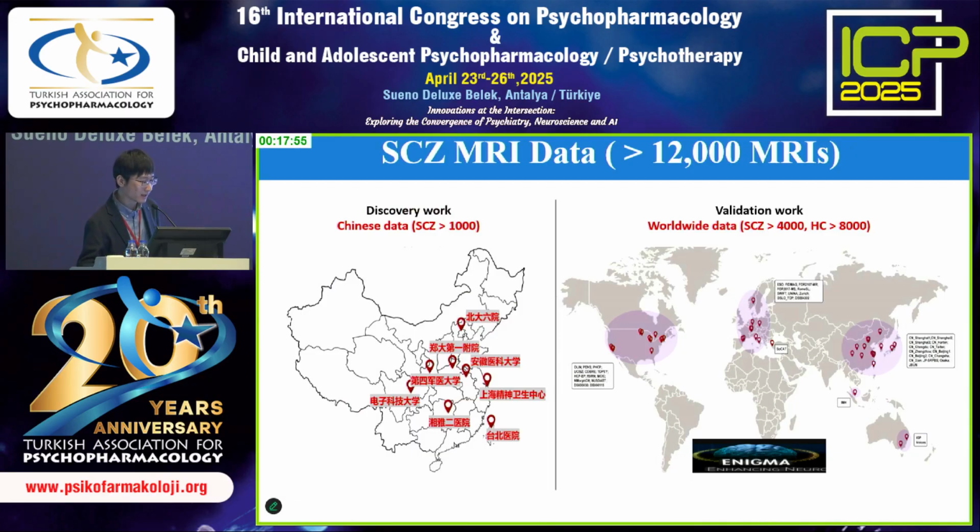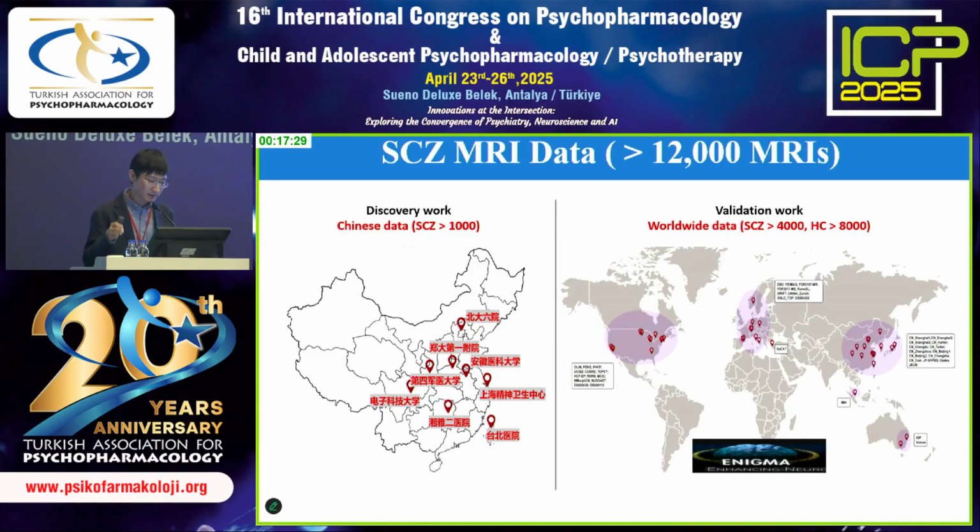Here is the data in our work. We have a lot of brain imaging data with a very large sample size, more than 12,000 individuals. In our first discovery work, we collaborated with more than 10 hospitals in China. This data includes more than 1,000 patients with schizophrenia.